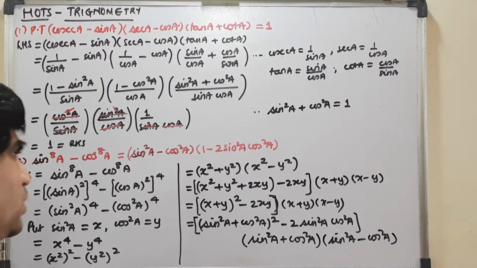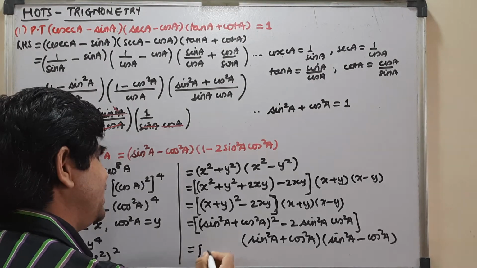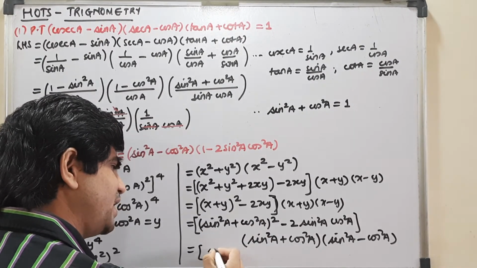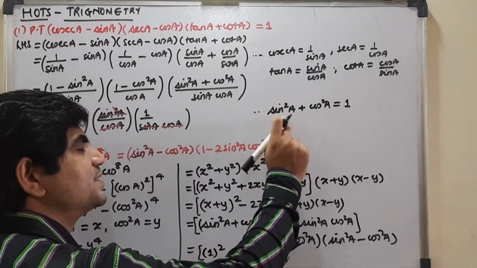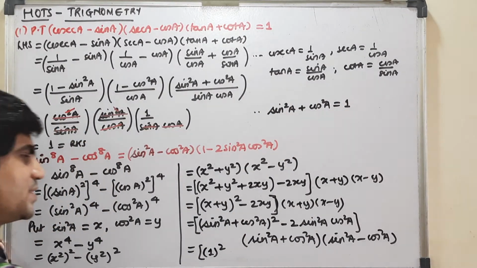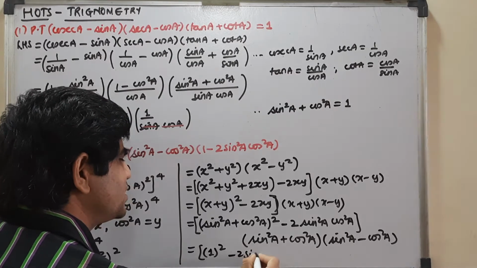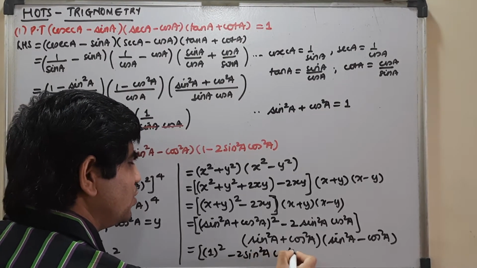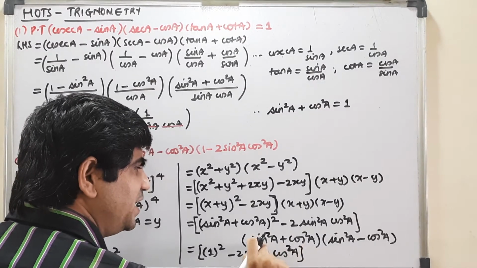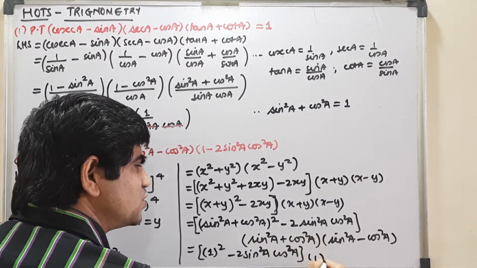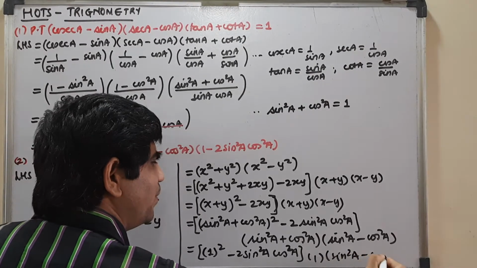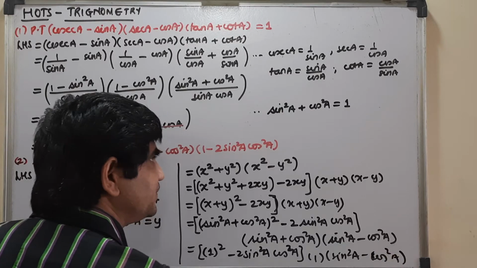So this will become 1, and its square, because sin square a plus cos square a is 1, minus 2 sin square a cos square a. And here also, it becomes 1 into sin square a minus cos square a.